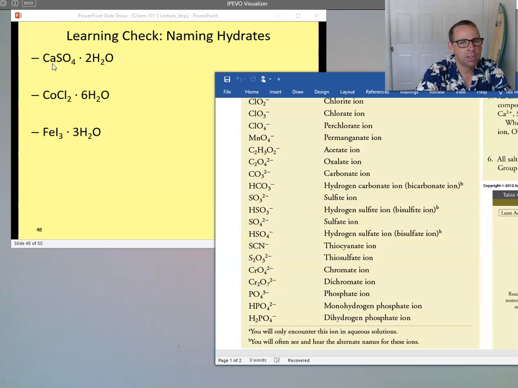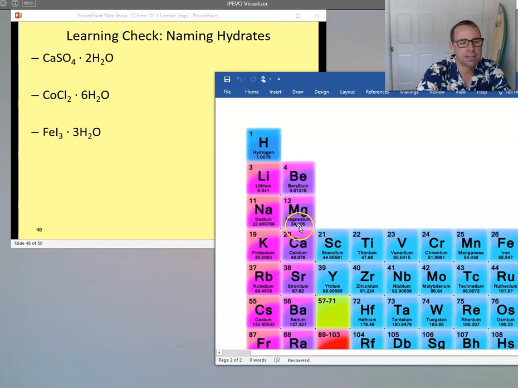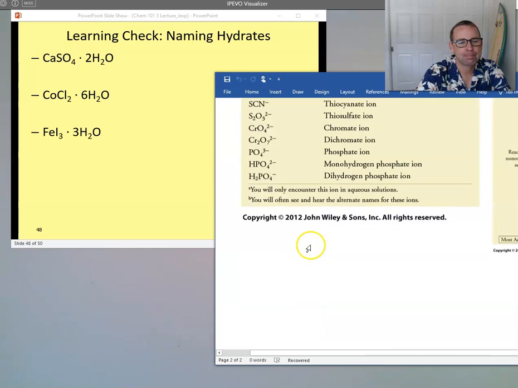No. The polyatomic ion, remember, is only going to be the second half, because this is just one ion in a compound. So it's calcium what? Sulfate. Calcium sulfate. Very good. And we don't have to call it calcium 2 sulfate, because calcium is in the second column, so it's always a +2, right?